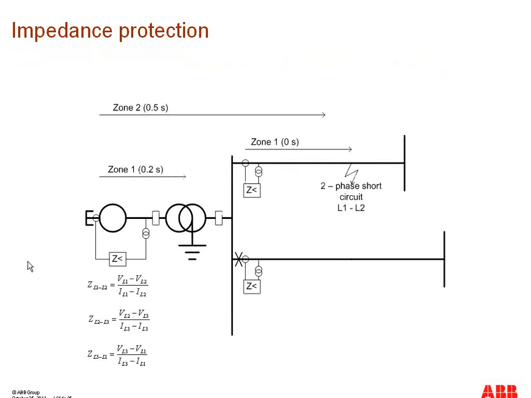As you can see, for the coordination of this type of protection with the line protection, we can put for Zone 1 a time delay of 0.2 seconds, and for Zone 2 a time delay of 0.5 seconds, because Zone 1 for this distance protection relay has no intentional delay.